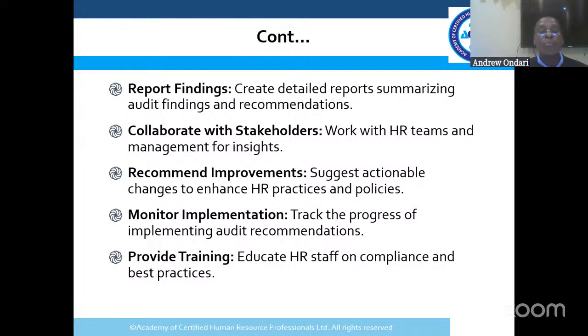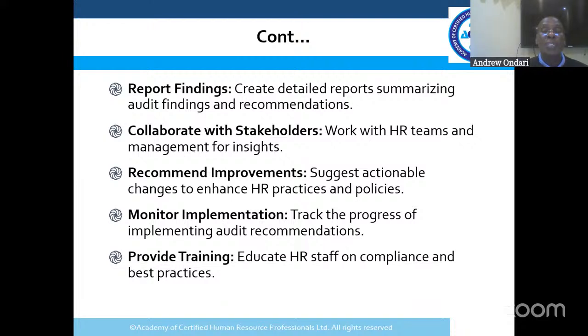So this talks about working as a team so that we achieve better results. We know the principle of teamwork or synergy, where the collaborative efforts of different people produces better results. So if you want to have a better audit process, we need to engage other stakeholders.